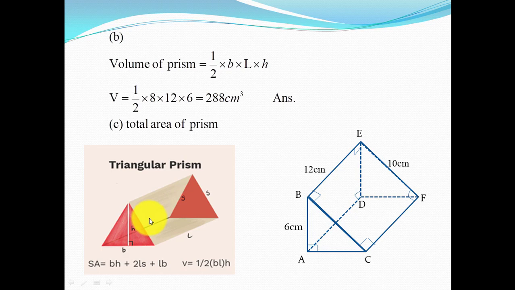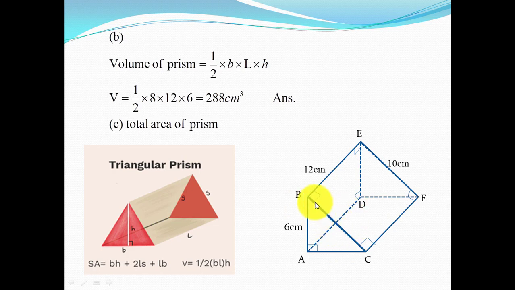So the sum of the area of the 5 sides, each side of the prism, is equal to the total surface area. Like here, and the explanation actually is why we need to explain all these things.